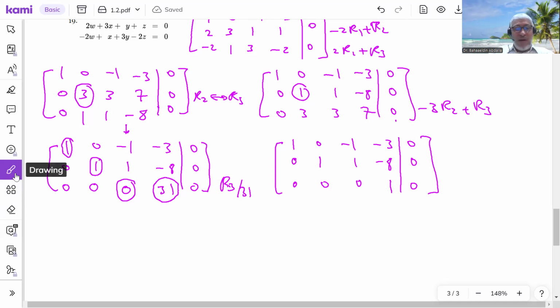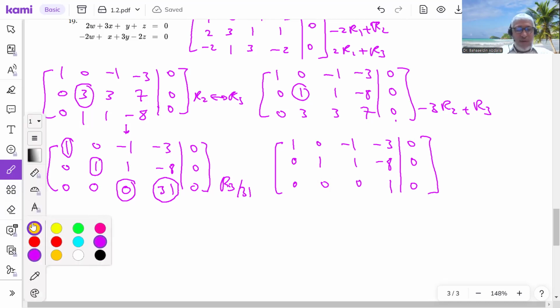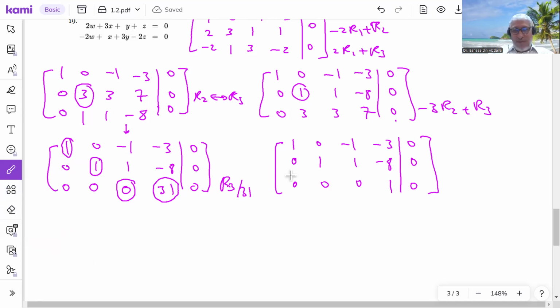Now, where are the leading ones for each variable? Well, for the first variable, which is W, this is W, X, Y, Z. For W, this is the leading one. For X, this is the leading one. For Y, there is no leading one. It has to be here. This cannot be a leading one because there is only one leading one in a row. Okay, in a row, there is only one leading one.